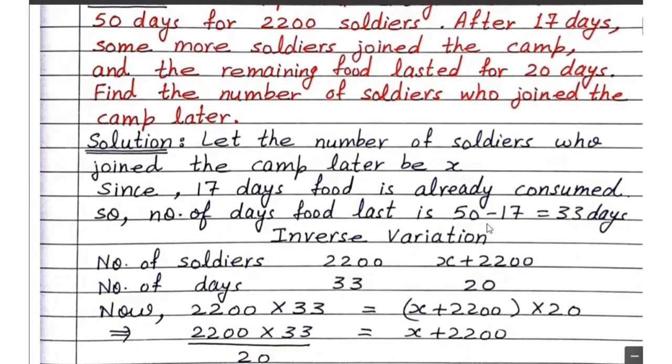Since it is a question of inverse variation, instead of taking fractions, we multiply them. So 2200 into 33 is equal to (X plus 2200) into 20.